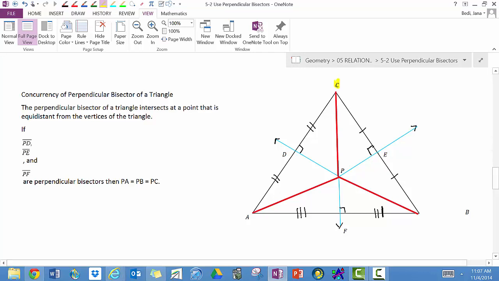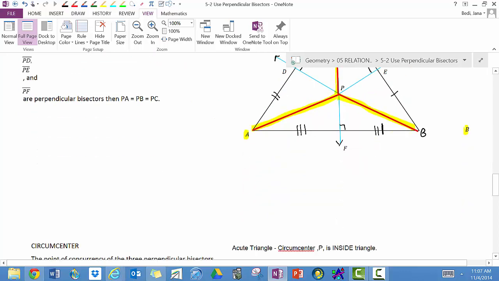So C, A, and B. So this is B. So we're saying PA, PB, and PC, these highlighted ones will all be equal in length. They will be congruent.